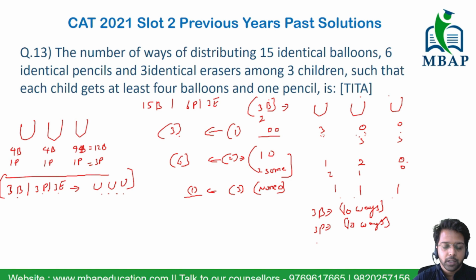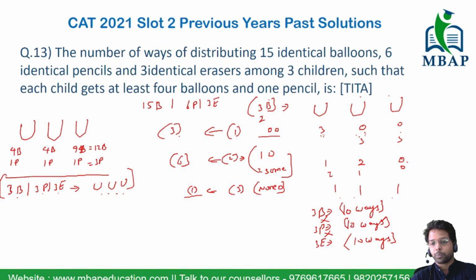And similarly, you are left over with 3 erasers. 3 erasers will also be distributed in a similar fashion, which is equivalent to 10 ways. So the total number of ways of distributing 3 balloons left over, 3 pencils left over and 3 erasers left over would be 10 into 10 into 10, which is basically 1000 ways. And the answer for the given question would be as simple as 1000 ways or 1000 cases possible.